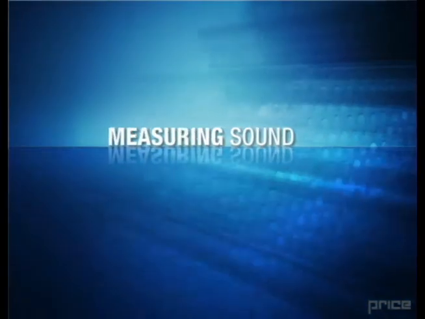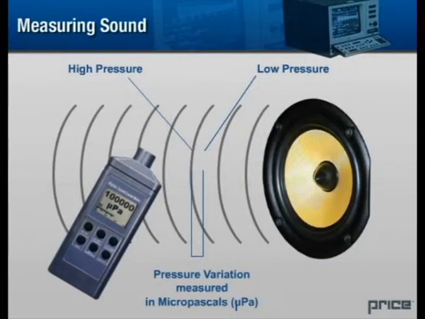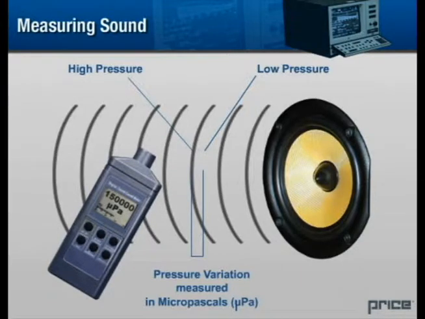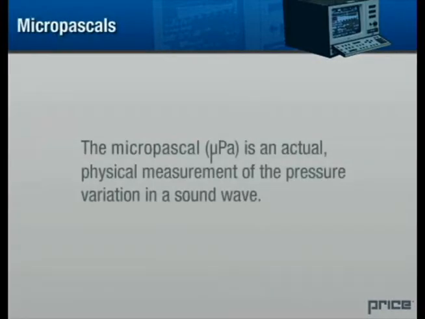Measuring sound. A pressure variation in a sound wave can be measured in micropascals to determine its loudness. The greater the pressure variation there is in a sound wave, the louder it'll be. The micropascal is an actual physical measurement of the pressure variation in a sound wave.